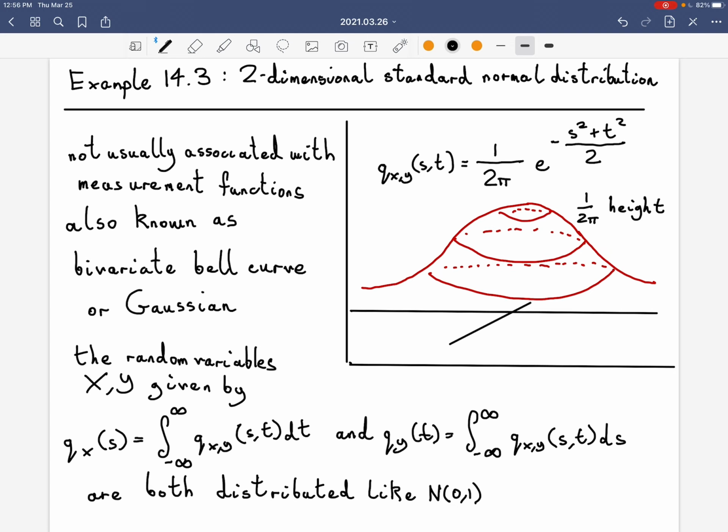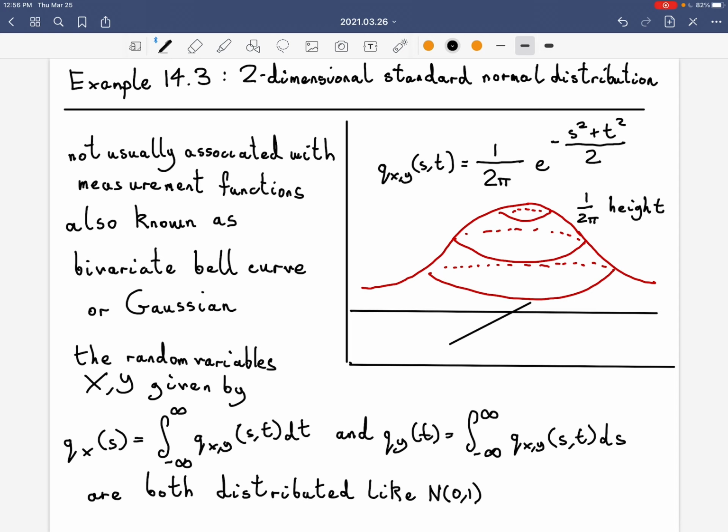And we can deduce the 2 copies of the 1-dimensional standard normal by integrating the 2-dimensional standard normal over the orthogonal axis.